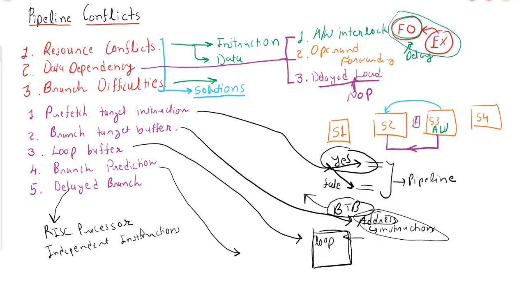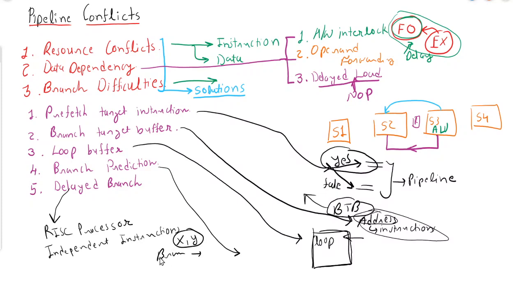Let's say there is a branch, and because of that branch, variables x and y are being updated.